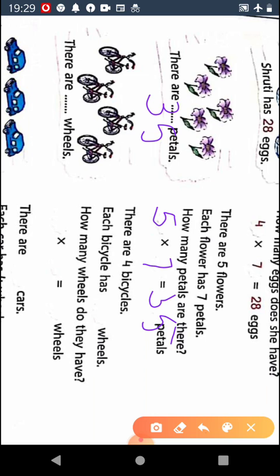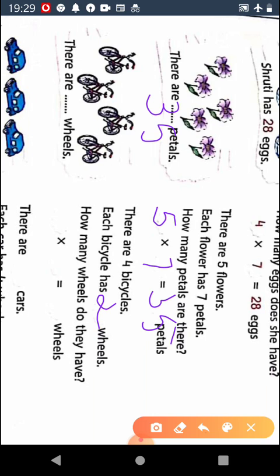Now next is, there are 4 bicycles. How many bicycles are there? 4. And each bicycle has dash wheels. Now bicycle means, bi means 2. So each bicycle has obviously 2 wheels. So how many wheels do they have? 4 bicycles each having 2 wheels.